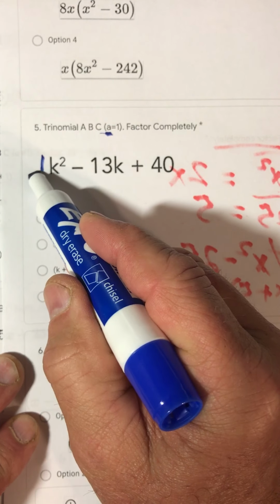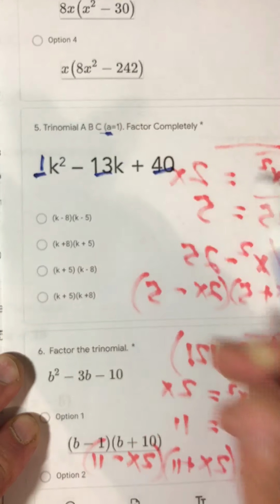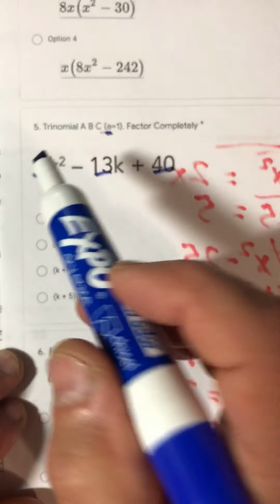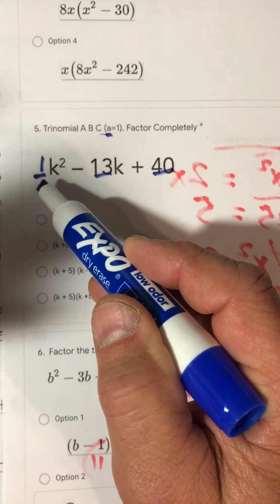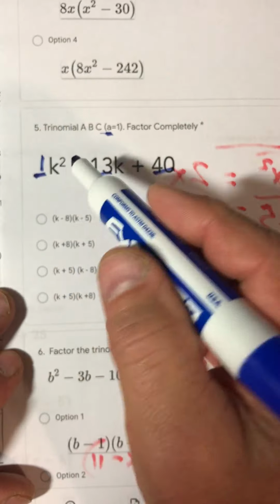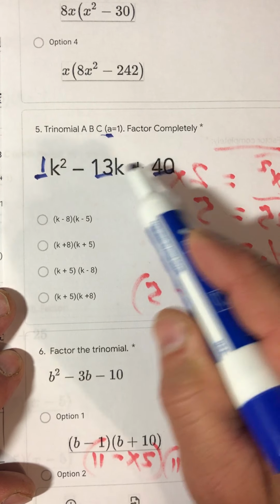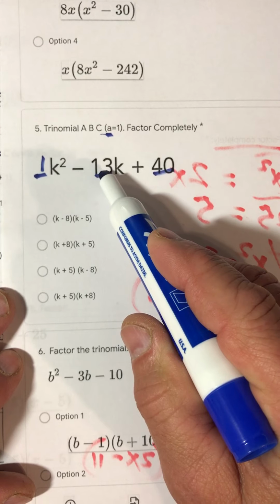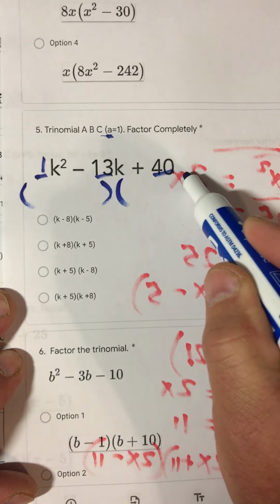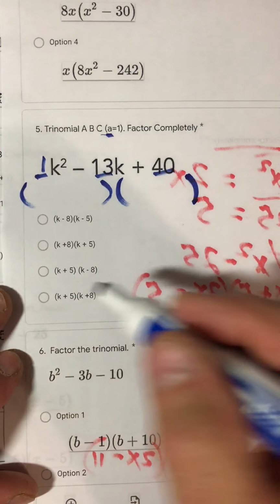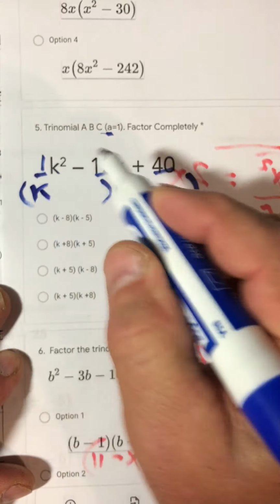So the A here, B, and C. So we have a trinomial ABC where the coefficient of the x squared A is 1. When that's 1, it's really easy, right? You just find the factors of the 40 that add or subtract to 13. So it's just automatically 2 sets of parentheses here. All right. K squared is K and K.